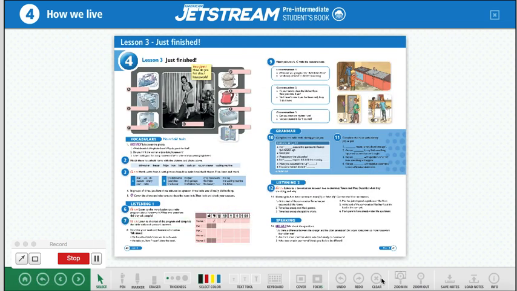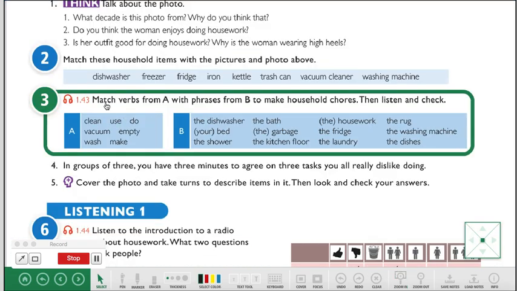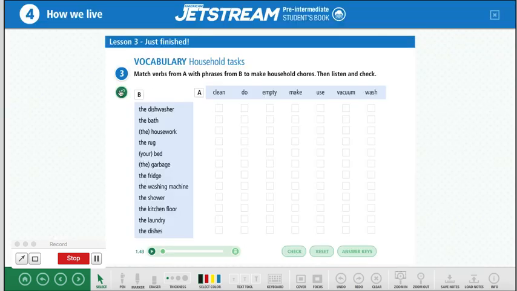Now let's go back. We will continue with exercise number 3. Look at this. Match the verbs from column A with the phrases from column B to make household chores. For example, what is the correct mixture of words?